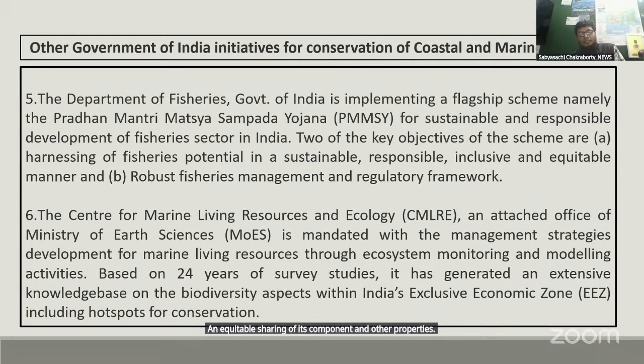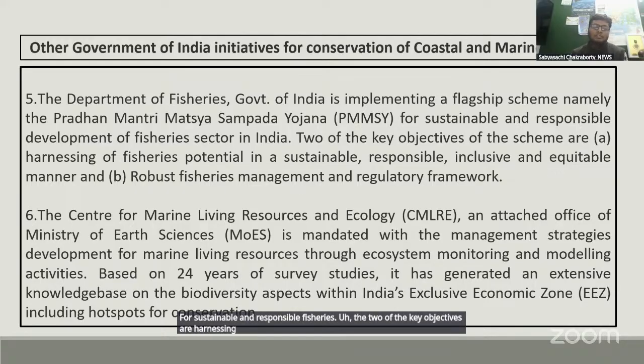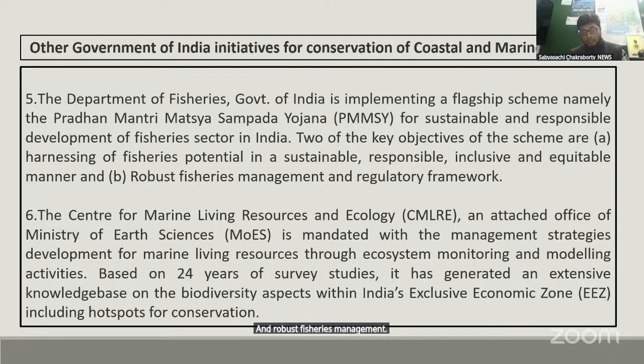Then from fisheries, they are implementing a flagship scheme, the Pradhan Mantri Matsya Sampad Yojana, for sustainable and responsible fisheries. Two of the key objectives are harnessing fisheries potential in a sustainable, responsible, and equitable manner, and a robust fisheries management and regulatory framework.